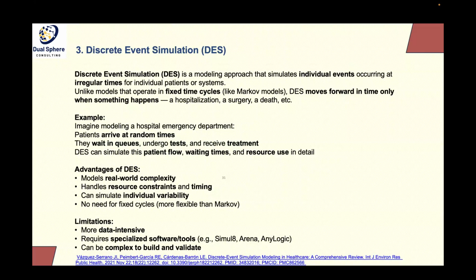DES moves forward in time only when something is happening, for example a hospitalization, surgery, or death. These models are very data intensive, so you have a lot of patient data.